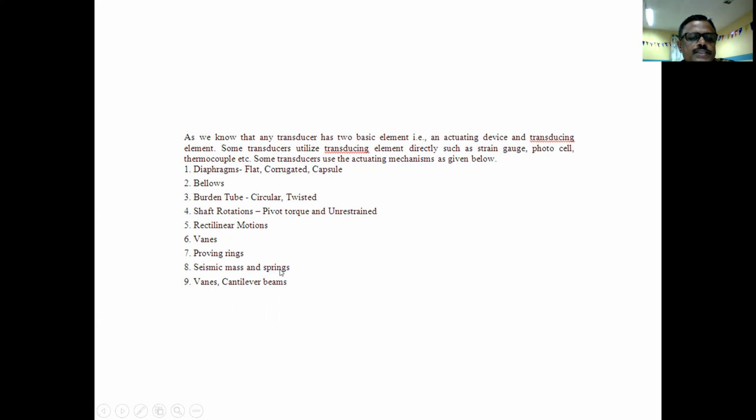Seismic mass and springs. Springs convert force into displacement. This is also an actuating element. Then we have vanes and cantilever beams. So these are different actuating mechanisms. Without actuating mechanisms, it is difficult to imagine the transducers.